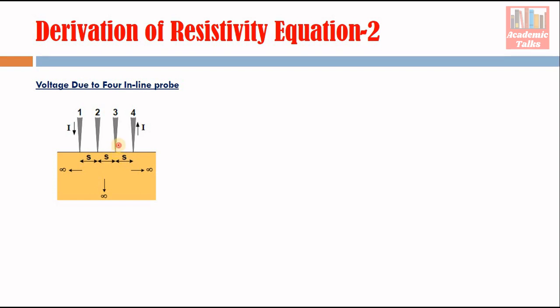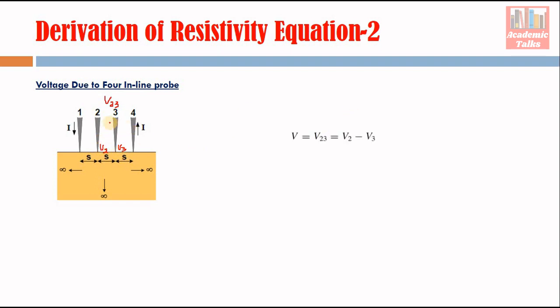This potential here, suppose, is V3, I am writing here 3, and this potential here, suppose, is V2, right? If we are connecting a voltmeter here, this voltmeter will give us voltage V23, which is the potential difference between these two probes.